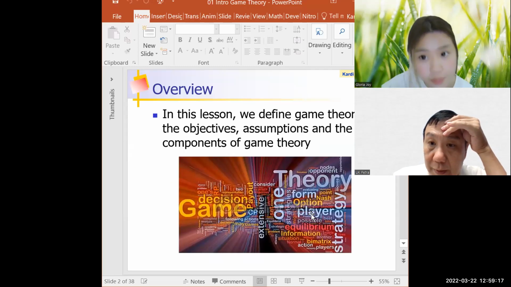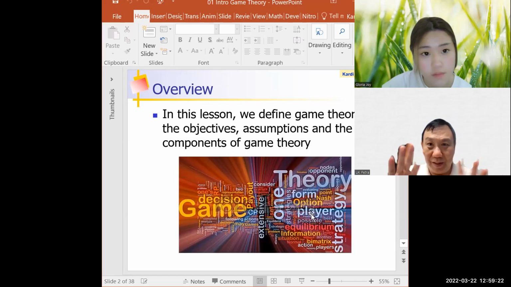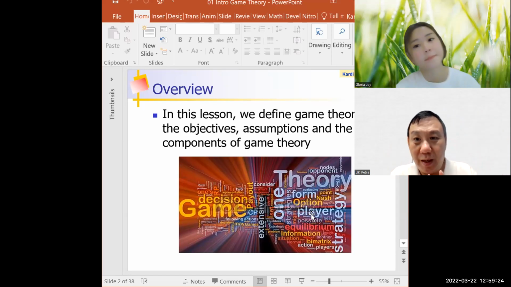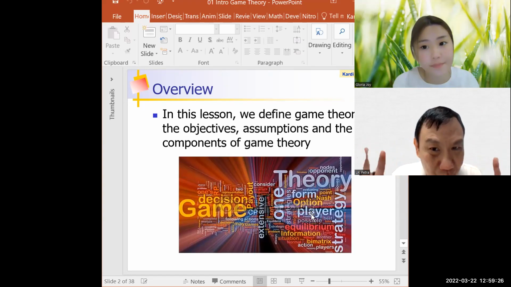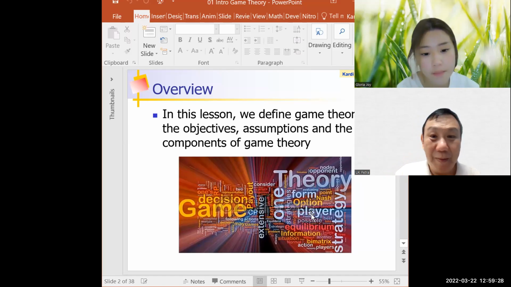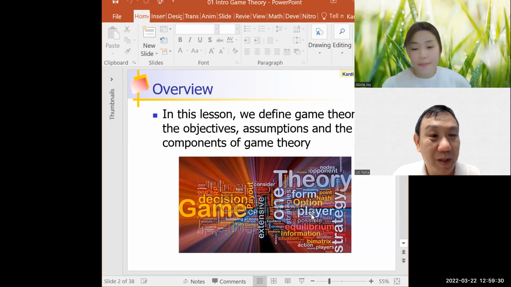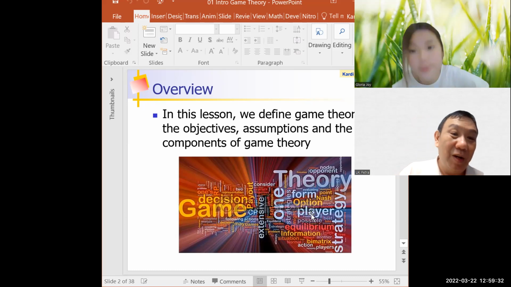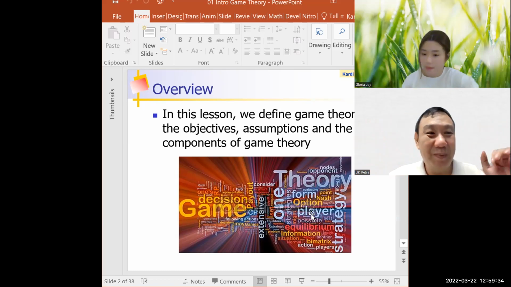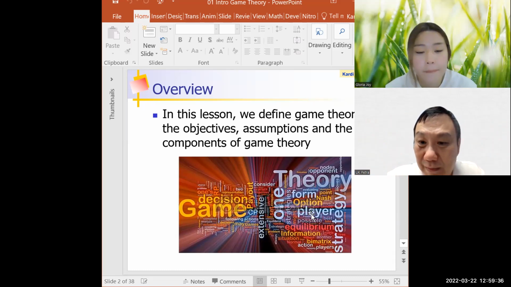Okay. This is just a very basic introduction, so I don't talk about computation at all at this point. I'm just talking about what is game theory, what is the objective, what is the assumption, what is the classification, something like that.